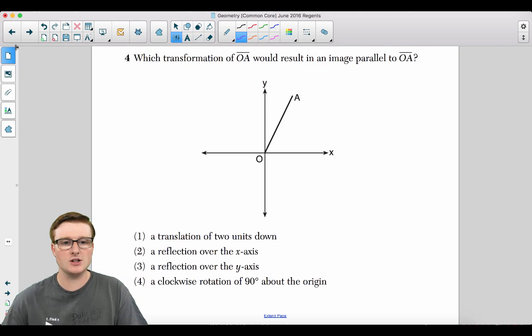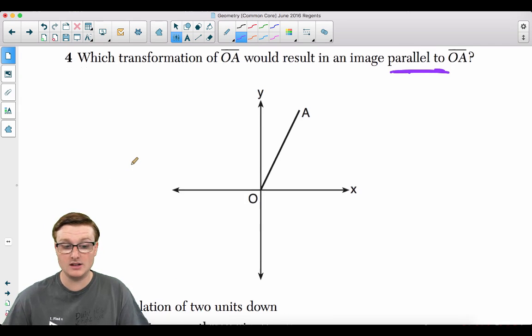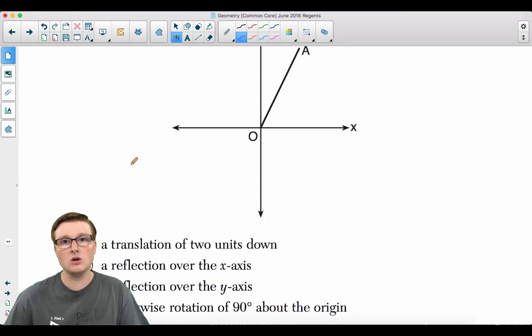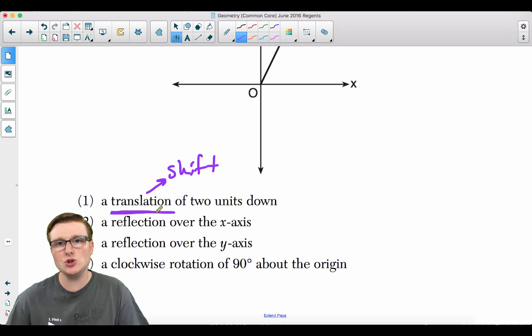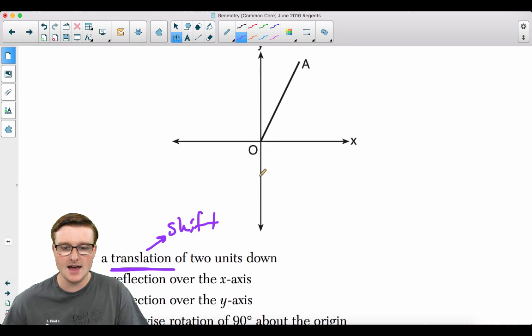All right, moving on to question 4. Which transformation of line OA would result in an image parallel to OA? So we need to know what these things are. A translation is a shift, and it's saying a translation 2 units down. So if we take this line and we move it down 2 units, we get this line right here.